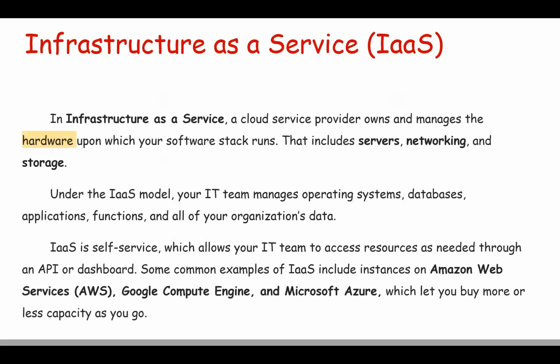Okay. So coming further, we discuss what is infrastructure as a service. Infrastructure as a service is nothing but a cloud service provider which owns and manages the hardware upon which your software stack runs. That includes servers, networking, and storage. In the IaaS model, Amazon Web Services, Google Cloud, and Microsoft are known as infrastructure providers. Why are they infrastructure providers? Because they are providing their resources to the users or organizations.